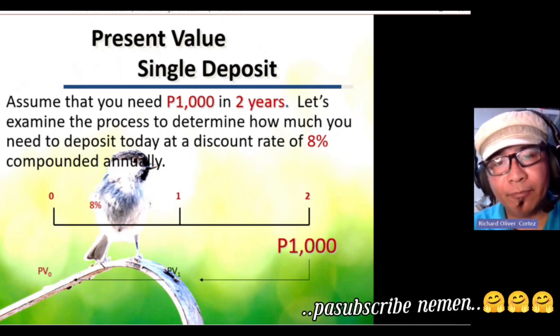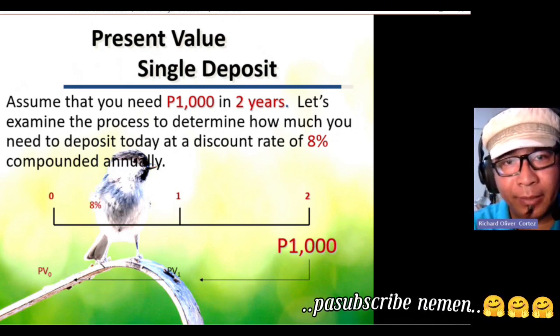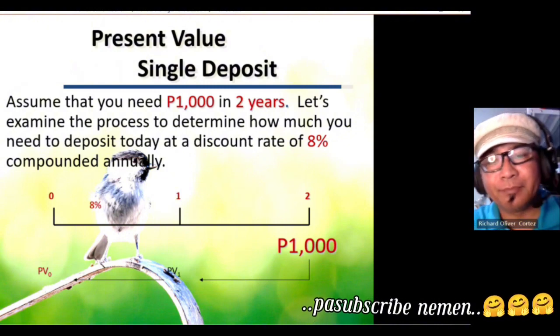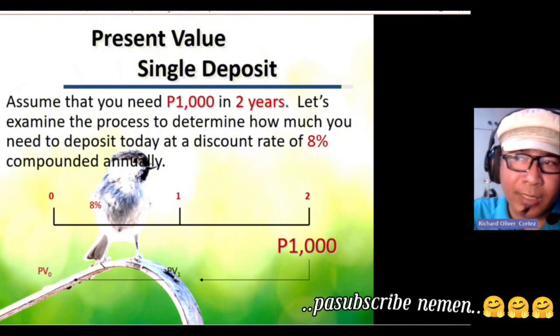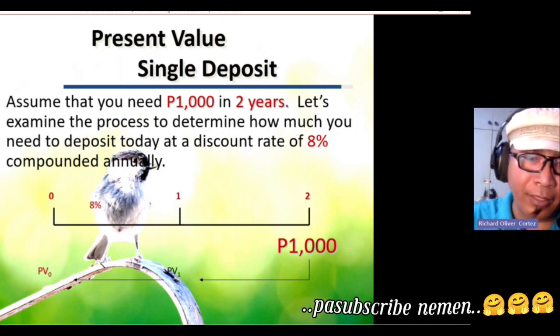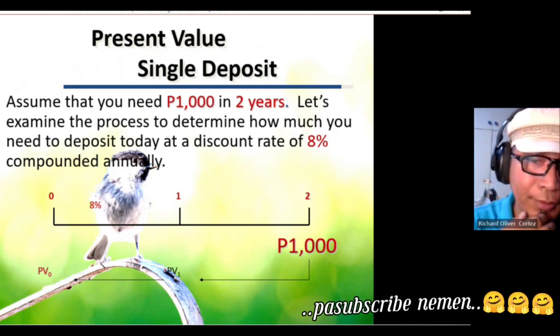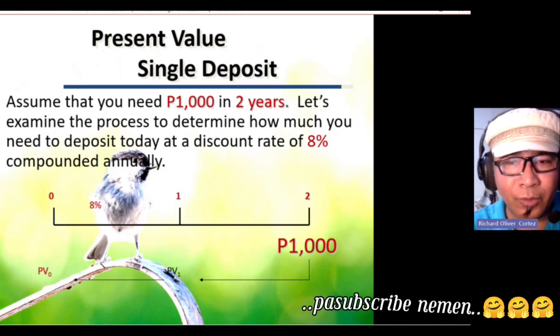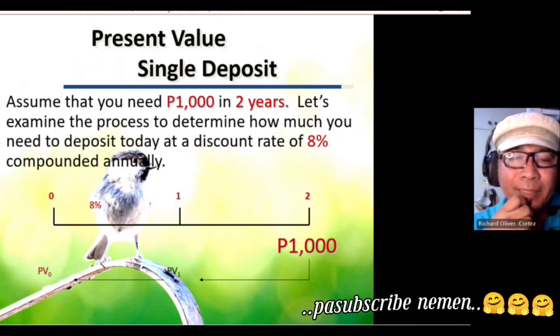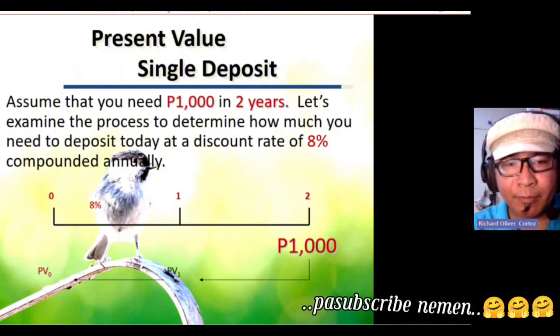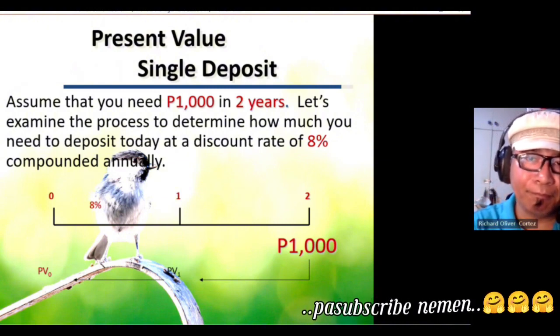But, starting from this slide, ang hahanapin naman natin ay yung present value. Pag sa present value, kung gusto mo magkaroon ng 1,000 sa loob ng 2 taon, magkano i-invest mo ngayon? Pag sa future value, ang nakukuha nating amount ay mas malaki. The present value, pag tayo nag-compute, makukuha amount natin ay mas bababa.